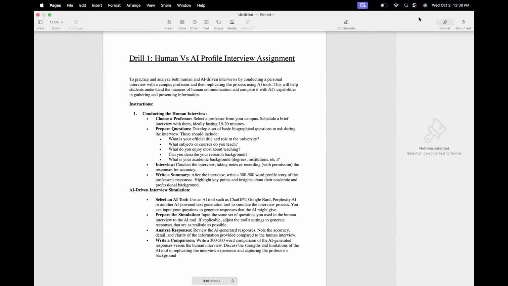And then secondly, I tasked them with using AI to do that same task, right? So instead of finding your professor, you would just use AI. You would use any LLM model or system and do the interview. So you would do an AI interview of your favorite professor or staff member, and look at that as your output.